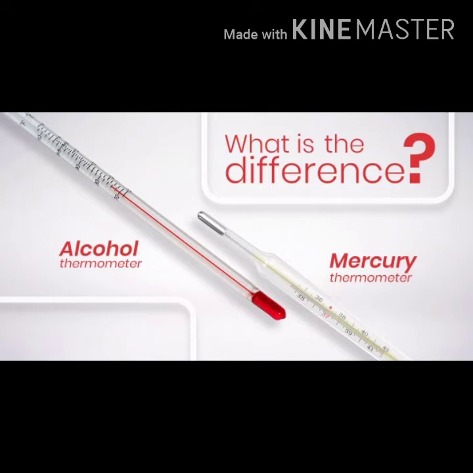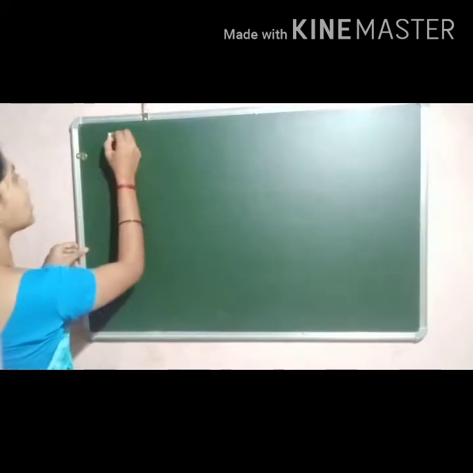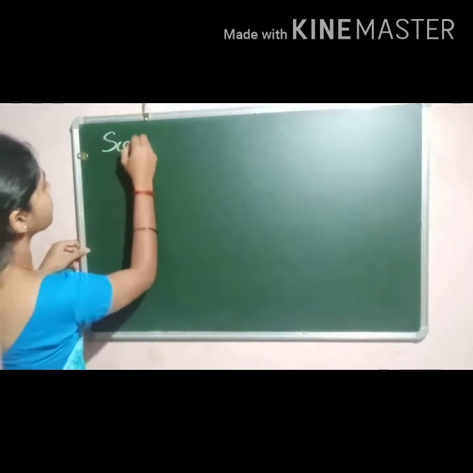But the boiling point of alcohol is very low, so it is not suitable for measuring very high temperatures. So in a thermometer we can use either alcohol or mercury as the liquid. Now let us discuss the scales of the thermometer.